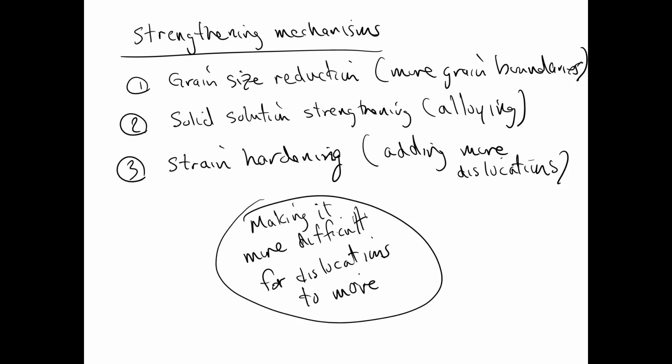Everything we do to strengthen a metal goes back to dislocations, and so that's why we spent more time in Chapter 7 talking about why they're important. Really, all these things go back to making it more difficult for dislocations to move, or more difficult for slip to occur. We could say it another way.